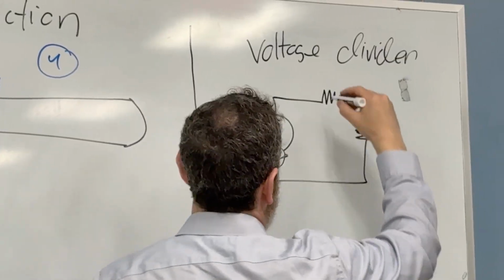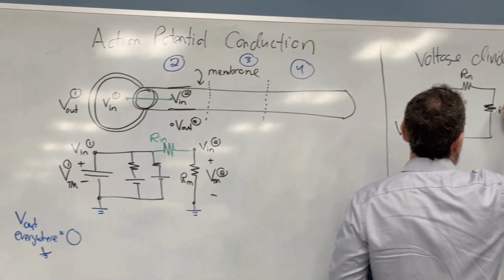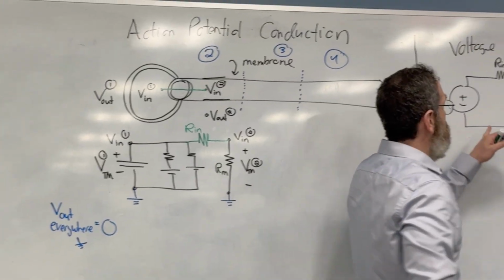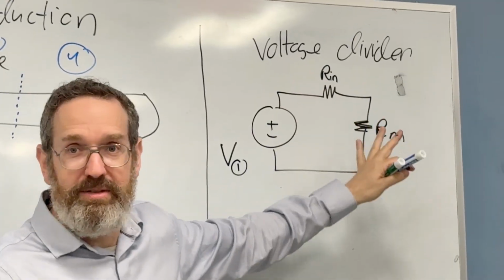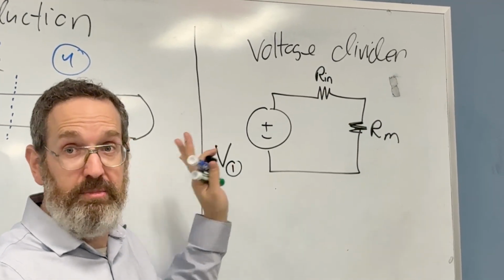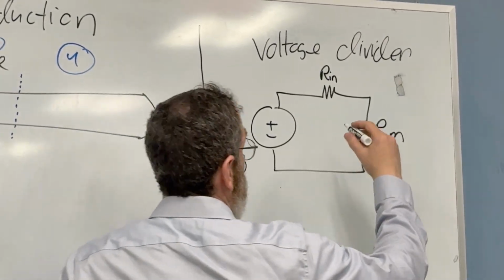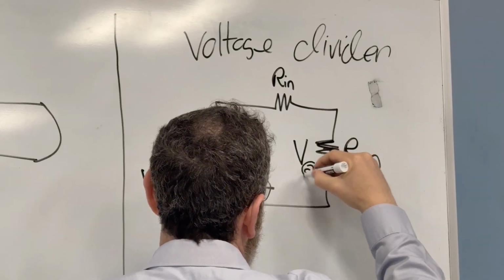I'm going to call this one Rin, and I'm going to call this one Rm. But I don't want to be confusing. This could have been R1 and R2. This could have been 3 ohms. This could have been 7 ohms. This is very familiar to you from circuits. And finally, I'm going to ask, what is the voltage here? And I'm going to call this V2.